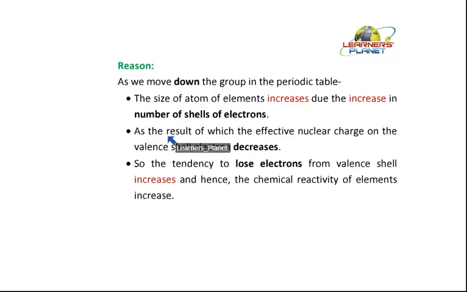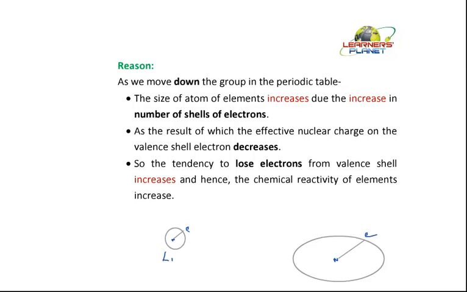As a result, the effective nuclear charge, that is the net force of attraction on the valence shell electrons, decreases because of more distance. I'll just draw it here. Say this is your lithium and this is your cesium, a very big atom. The center is your nucleus, and this nucleus is exerting a force of attraction on the outermost electron.